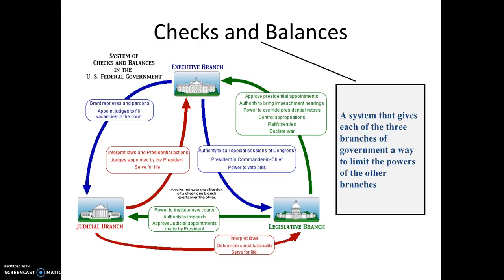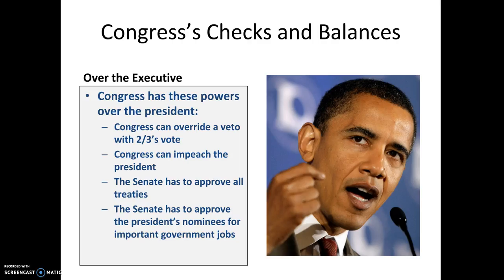There are some specific things that Congress uses to check and balance the other branches of the government. Here's a short list of the things that Congress can do to check the president. No matter who the president might be, these are powers that the Congress has over the president's actions. Recall that the president can veto a bill, but Congress can override the veto as long as they can pull together a 2/3 vote in both houses. So even if the president forbids a law with a veto, Congress can overrule that and make that law official anyways.